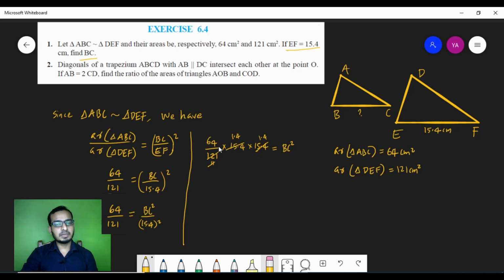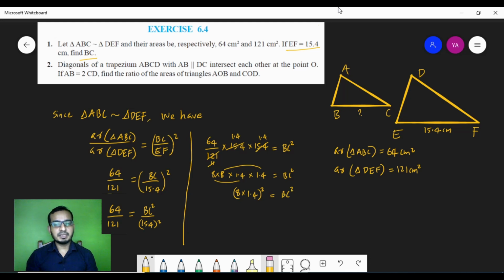So 64 can be written as 8 into 8, then into 1.4 into 1.4. That is equal to BC square. In the next step, I write this product as 8 into 1.4, again 8 into 1.4. So this can be written as 8 into 1.4 square. That is equal to BC square.